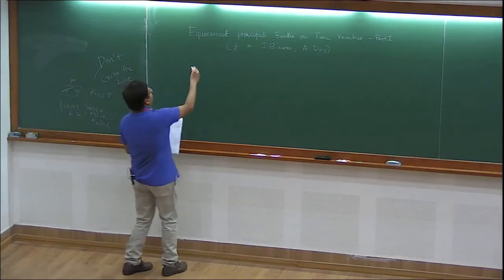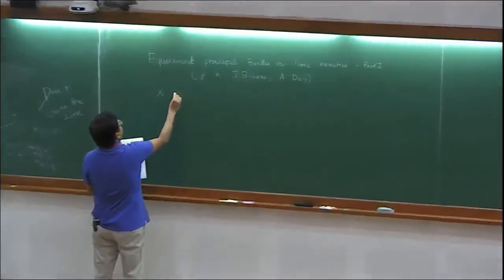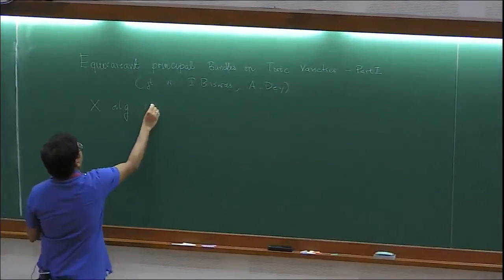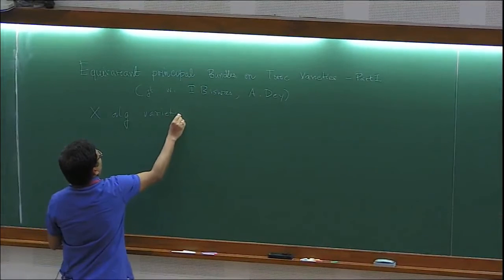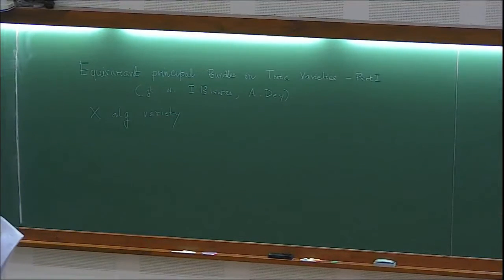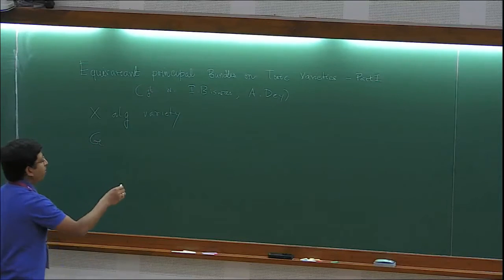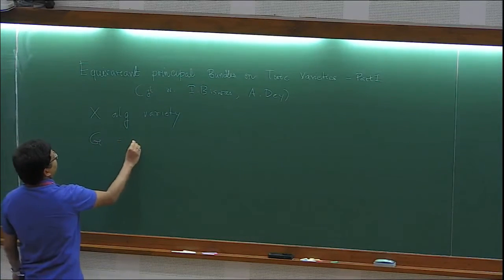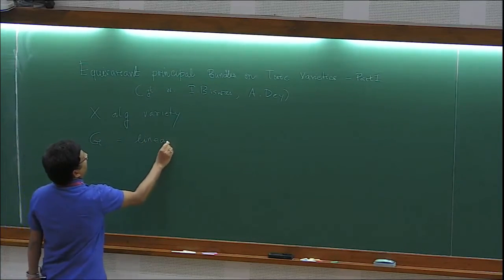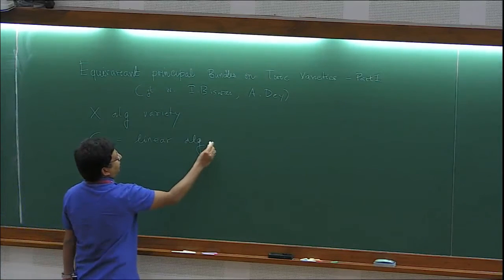So let's take X to be an algebraic variety. Some of the results by other people make sense over an algebraically closed field, but our work is over the field of complex numbers. The structure group of my bundles, G, will be a linear algebraic group.